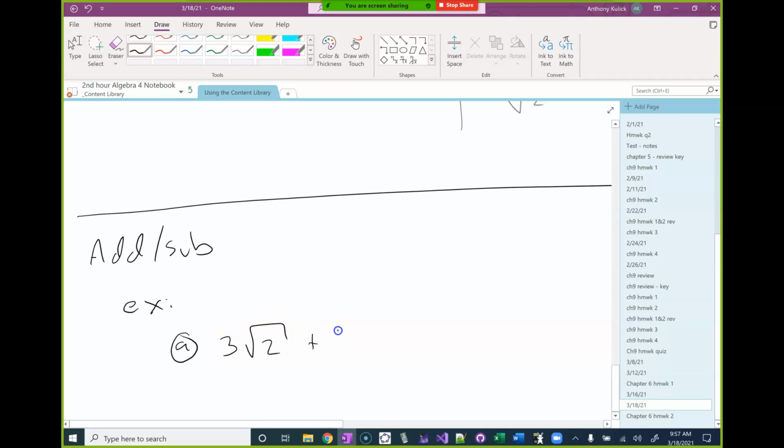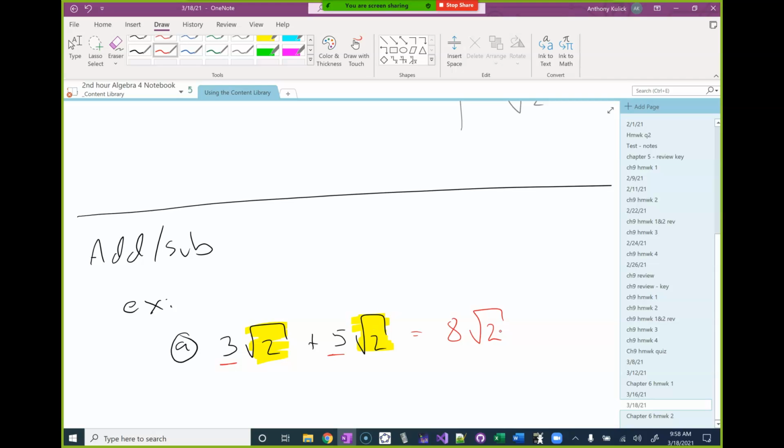And the way we add or subtract them is just by using the coefficients. So this is just going to be 8 square root 2. The square root part doesn't change. It's just like when we add variables. 3x plus 5x is 8x. The radical part is x, kind of like a variable in that regard, right? Where it just doesn't change.